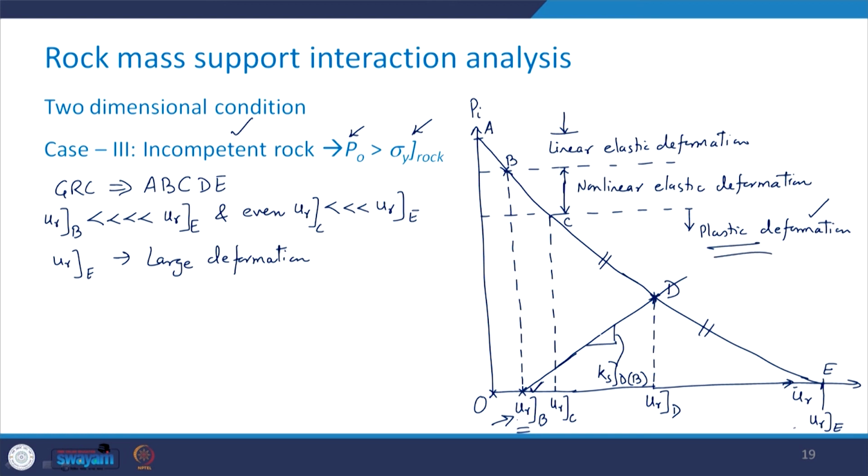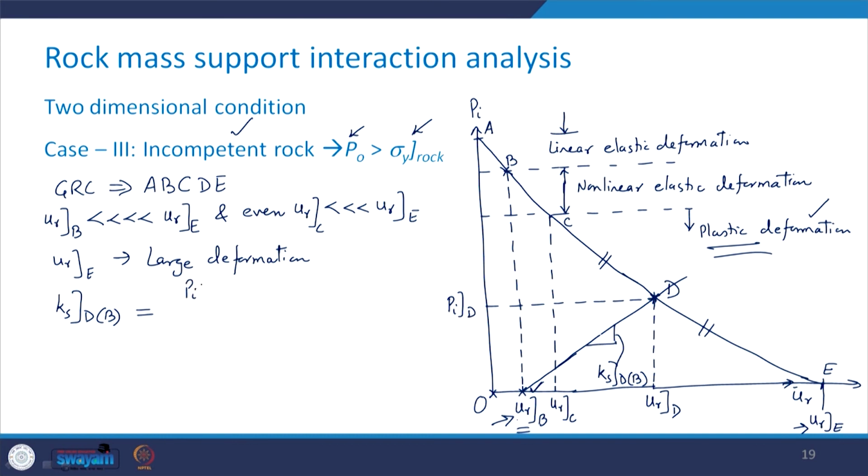So, URE is quite large. So, this Ks at D when it has started from the point B is going to be what? I take this line here and this is going to be Pi at D. So, find out this stiffness.